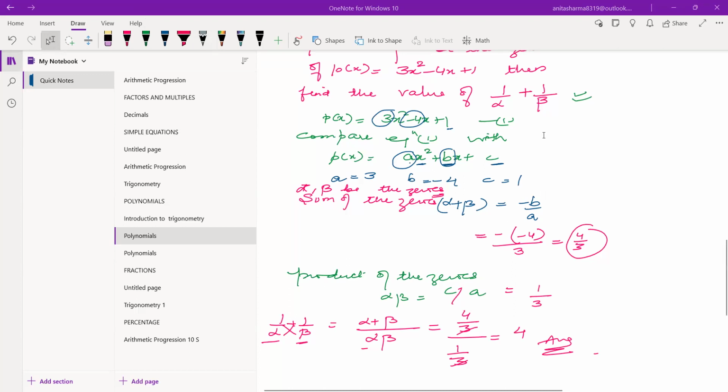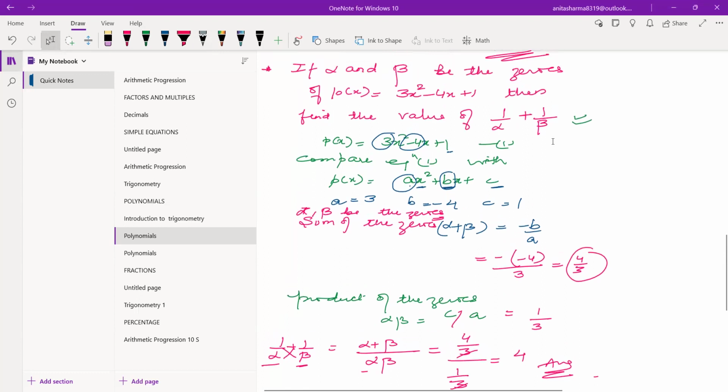Yes, ma'am. Bhavna, have you understood, beta? Yes, ma'am. And today I will be sharing a worksheet based on this polynomial chapter, okay?